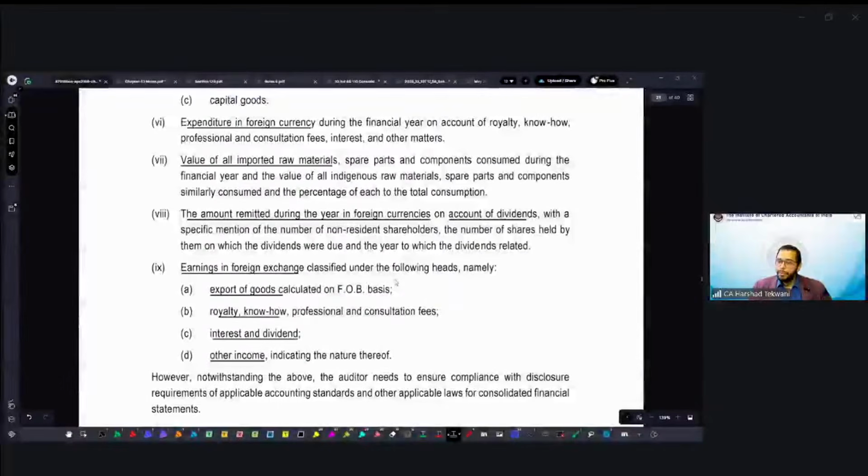These are relevant from the perspective of the standalone financial statements, not from the perspective of the consolidated financial statements. And they become even more irrelevant when you have most of the subsidiaries outside India. So accordingly, you are not required to repeat them for the sake of complying with that particular disclosure under Schedule 3.